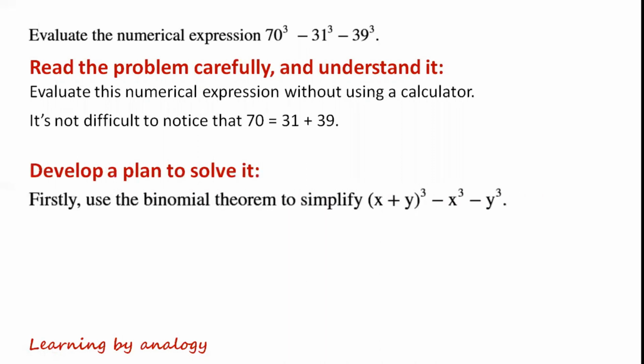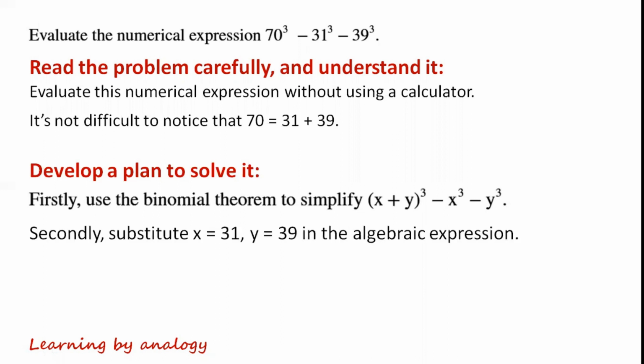Firstly, use the binomial theorem to simplify (x plus y) cubed minus x cubed minus y cubed. Secondly, substitute x equals 31, y equals 39 in the algebraic expression.